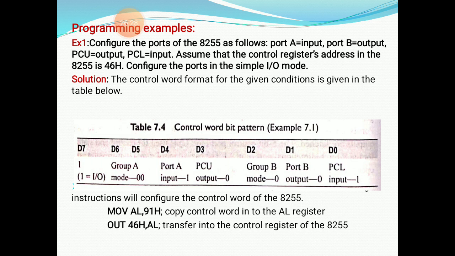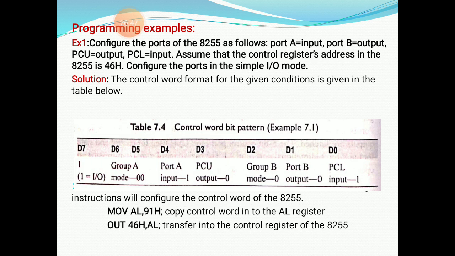This 91H control word is copied to the control word register of the 8255 with address 46H. We can use two instructions to perform this operation: the MOV instruction and the OUT instruction. First, copy the control word into the AL register.